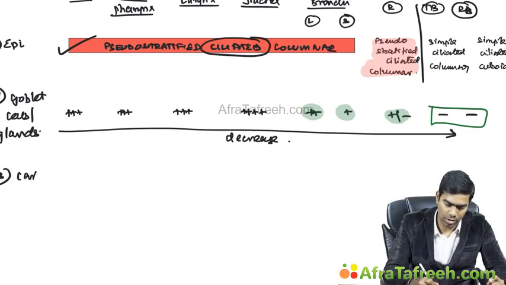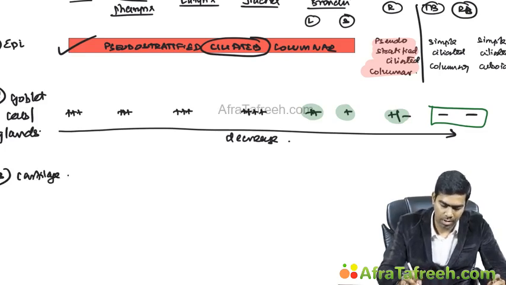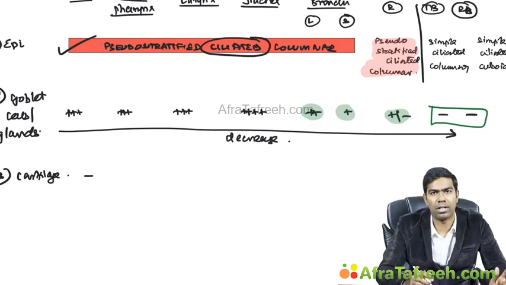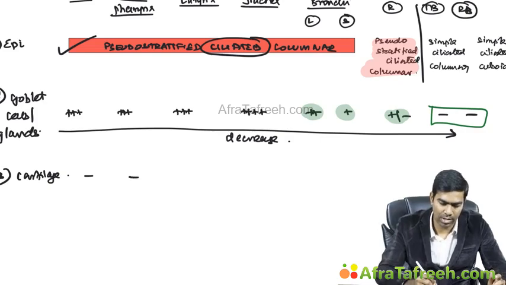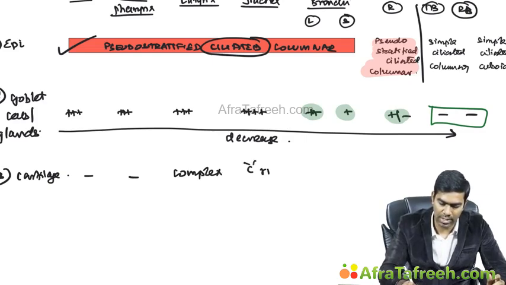Then what about the cartilage? In the nasal cavity, except the alar part, you don't have cartilage. Nasopharynx, again, you don't have cartilage. Larynx, you get the complex cartilage. In the trachea, they are arranged in the form of C-shaped rings.